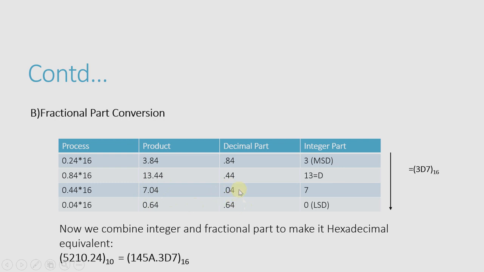Here we have the decimal part 0.04 and the integer part is 7. Again pick up the decimal part, multiply with 16, we get 0.64, the decimal is 0.64 and the integer is 0. So again, instead of doing more multiplication, we just show the first step, that is sufficient, and we stop our calculations.